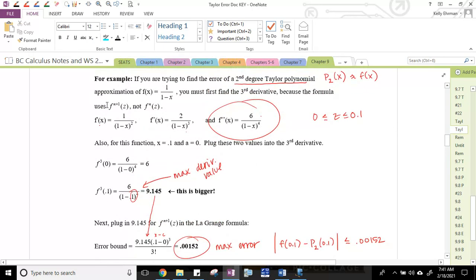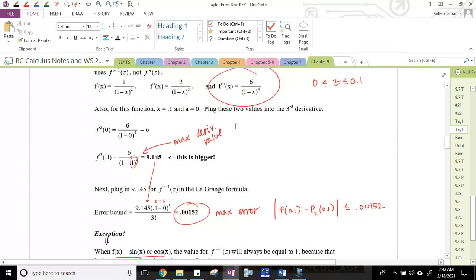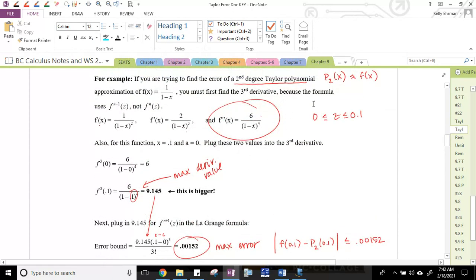Now, these are the harder problems where f of x is something that's not just sine or cosine. There is an exception here. When f of x is sine or cosine, life is nice and easy because the maximum value for a sine or cosine function is 1. We don't really care about what it actually is at the endpoints. So for example, if that third derivative was sine, and I was saying, okay, sine of 0 is 0.